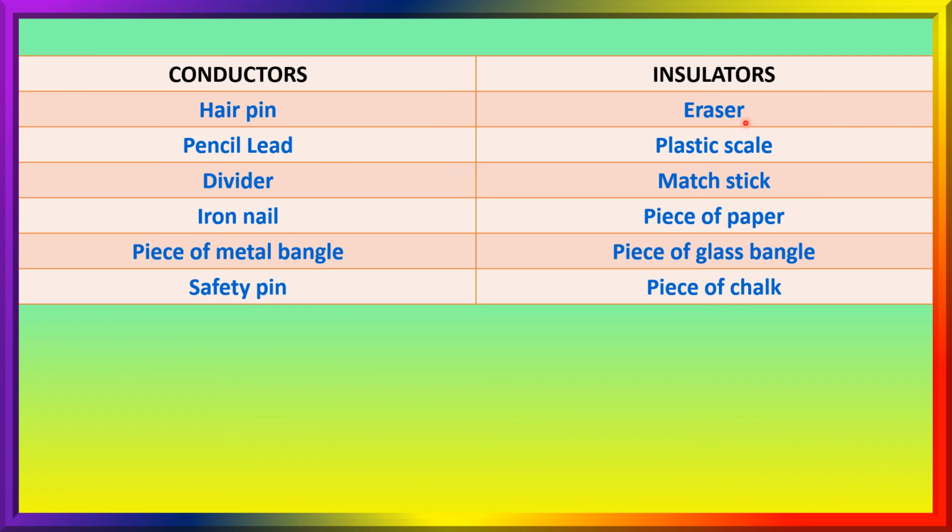Insulators: eraser, plastic scale, matchstick, piece of paper, piece of glass bangle, piece of chalk. Apart from these materials, there are so many other materials. Of them, some are conductors and some are insulators. So substances can be classified as conductors and insulators with respect to electricity, isn't it? Thank you.